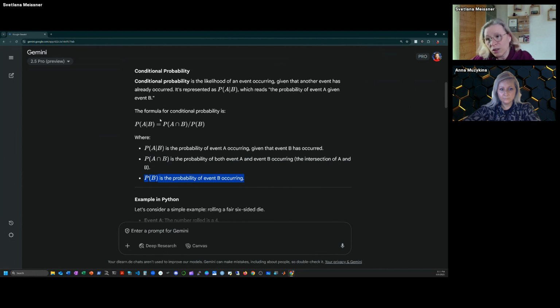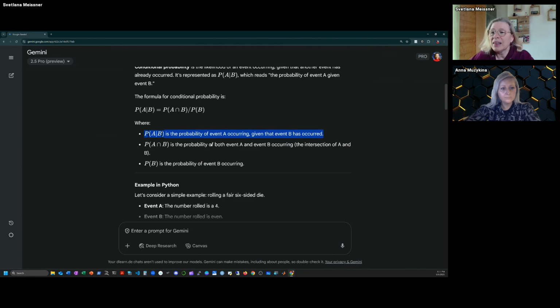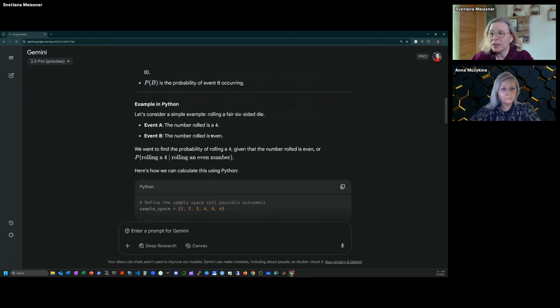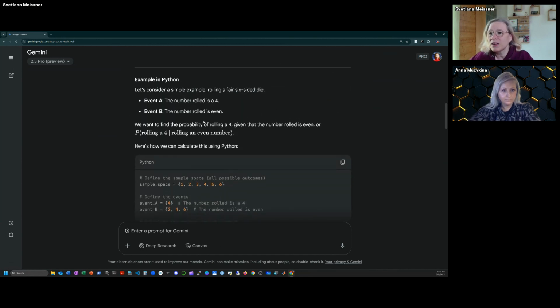Through this formula we get the probability of event A occurring given that B occurred. So this is the condition. And let's have some Python code with this.